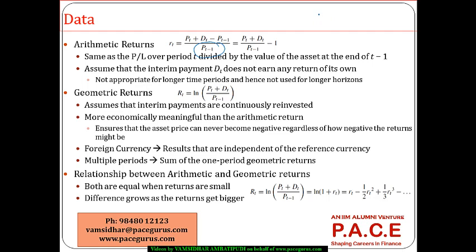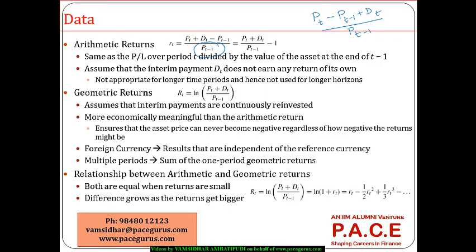The percentage change in price, that is what we are saying. So while we have computed the profit or loss data, we are talking about expressing that same profit or loss data in terms of the previous period's price. And that is what we are calling the arithmetic return.